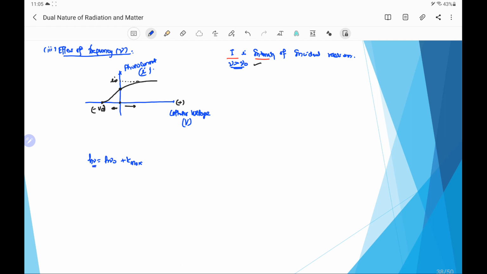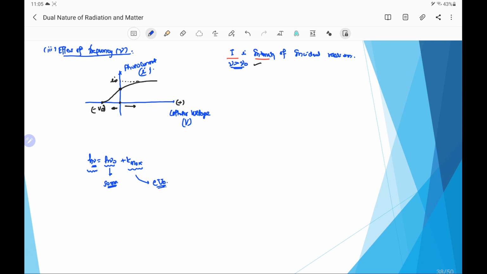As we increase the frequency, the energy of the photon increases and the work function of the metal remains the same, as it is the same metal. On increasing the frequency, the kinetic energy also increases. If the kinetic energy increases, then the stopping potential required to stop these photoelectrons from reaching the collector also increases.